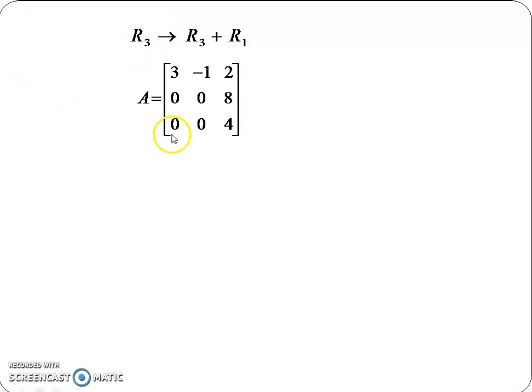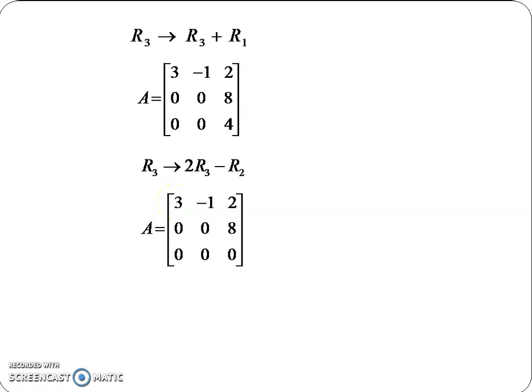And now we can see that it is possible to convert this third row to a zero row without disturbing the upper triangular form by performing the elementary row operation on R3 as R3 changes to 2 times R3 minus R2. In that way, matrix A is reduced to this form in which we have 2 non-zero rows and 1 zero row.